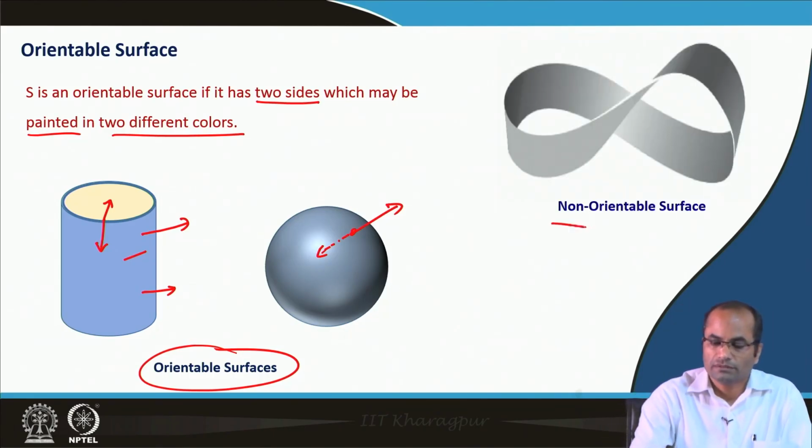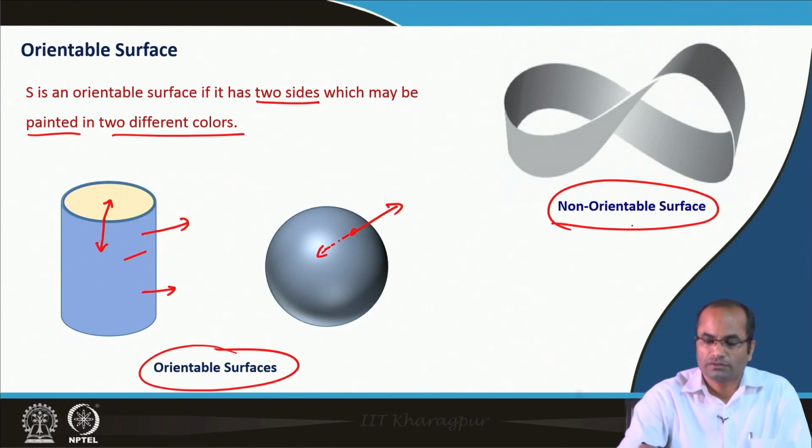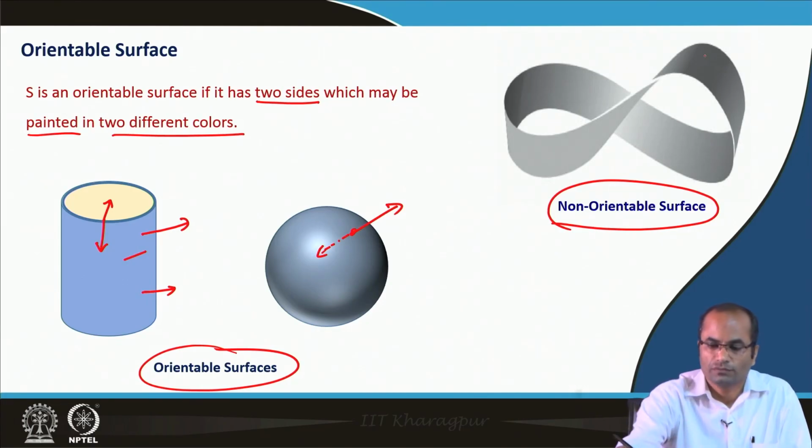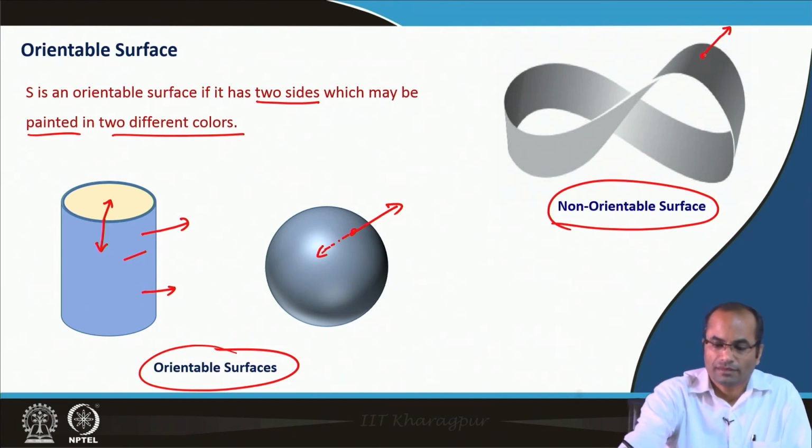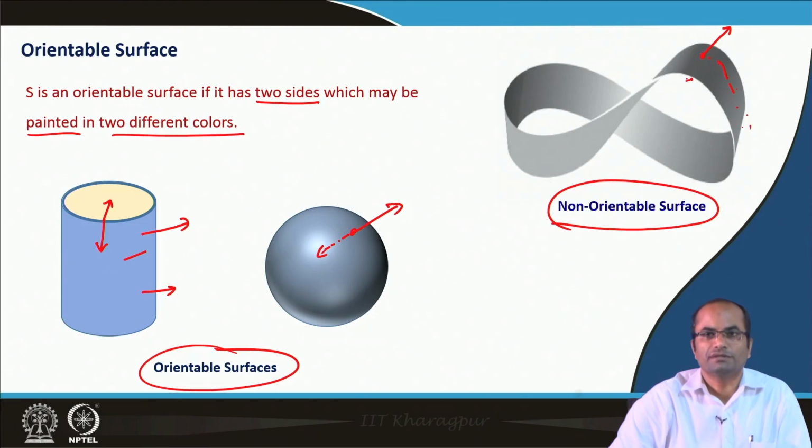But if you consider this Mobius strip, then the situation is not the same as what we have for such surfaces. For instance, if I pick this point, this will be the normal at this point, but if I go along this and then come back, then I will be on the other side of this strip.